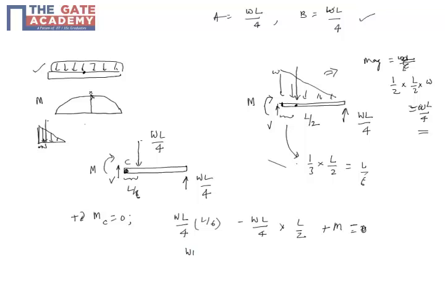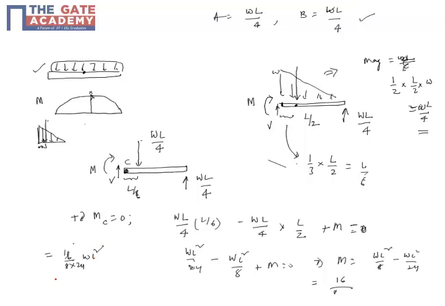So this is WL square by 24, and this is WL square by 8, plus M is equal to 0. So what does this mean? M is equal to WL square by 8 minus WL square by 24, which is 24 minus 8, that is 16 by 8 into 24 WL square.